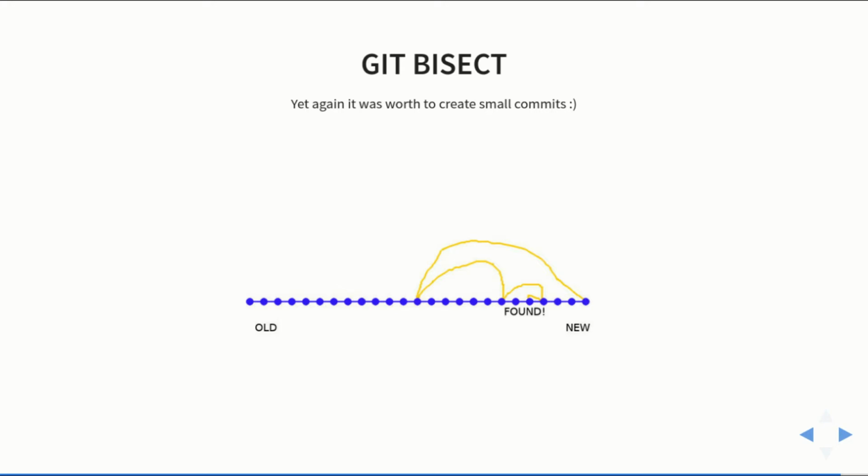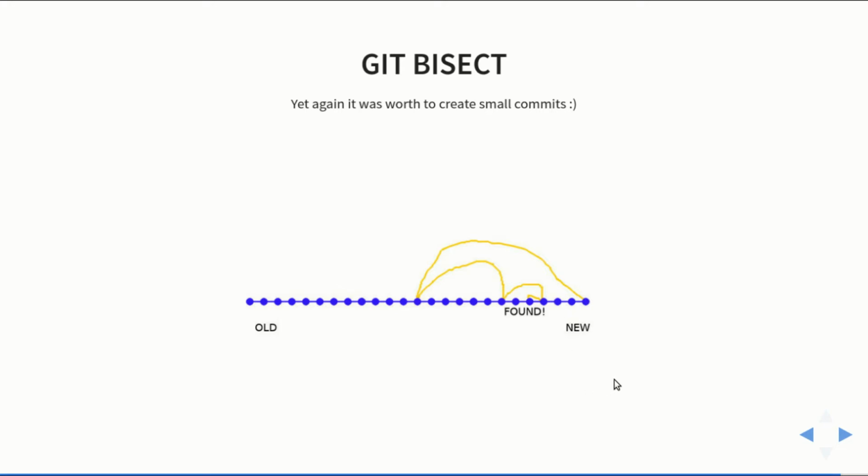How does it work? Actually, it's a really simple tool. Let's say that we know that in our system currently there's bad behavior. Simply speaking, there's a bug. And we know that this bug didn't exist in the past, so it got introduced by some commit.